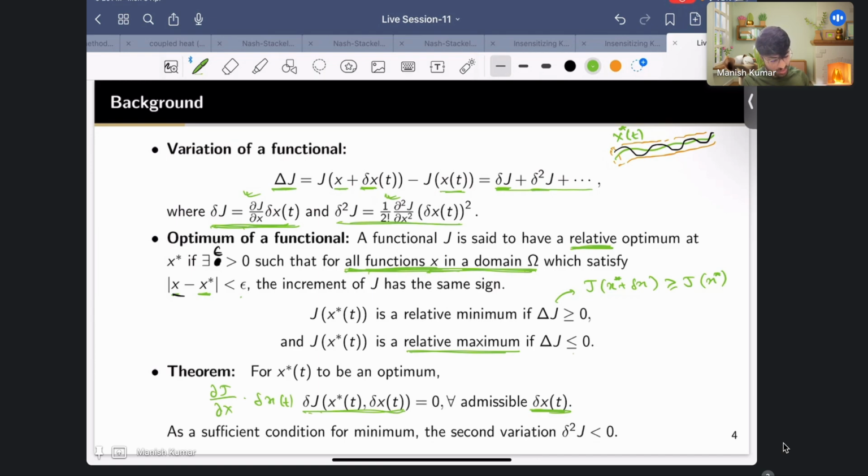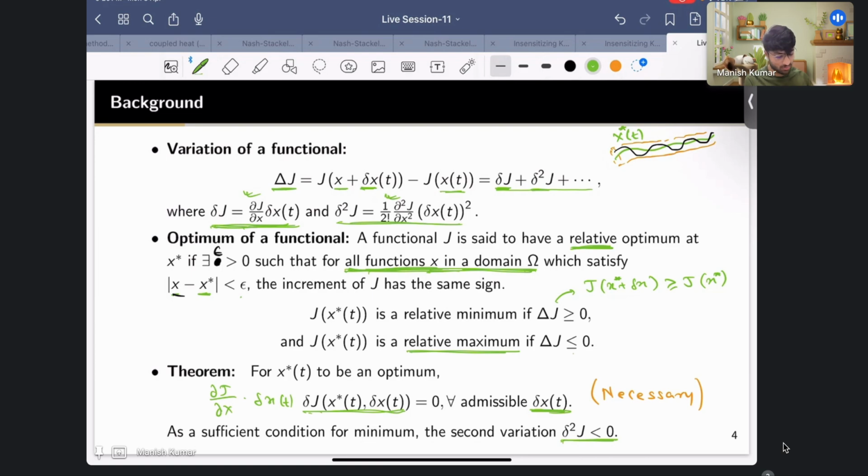Now, this is a necessary condition: if it is achieving a minimum at this function, then the derivative has to be 0. For a sufficient condition for the minimum, the second derivative, if it is negative, then you can directly say that this is the minimum value.